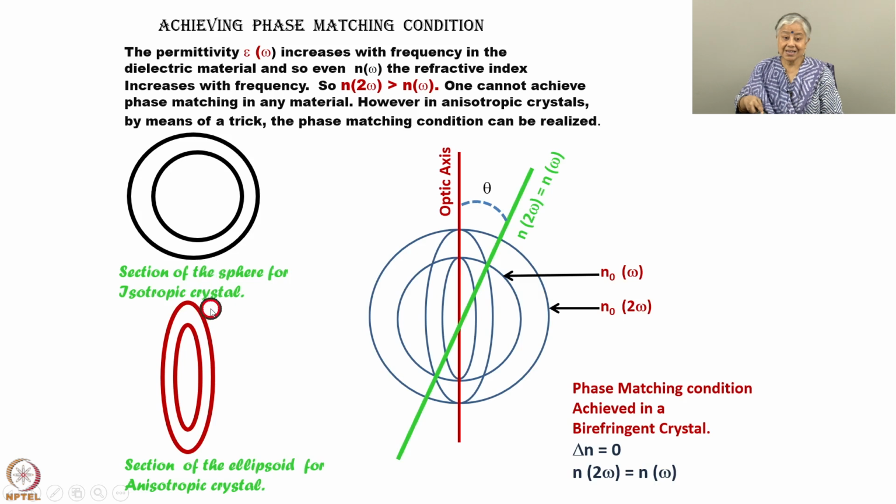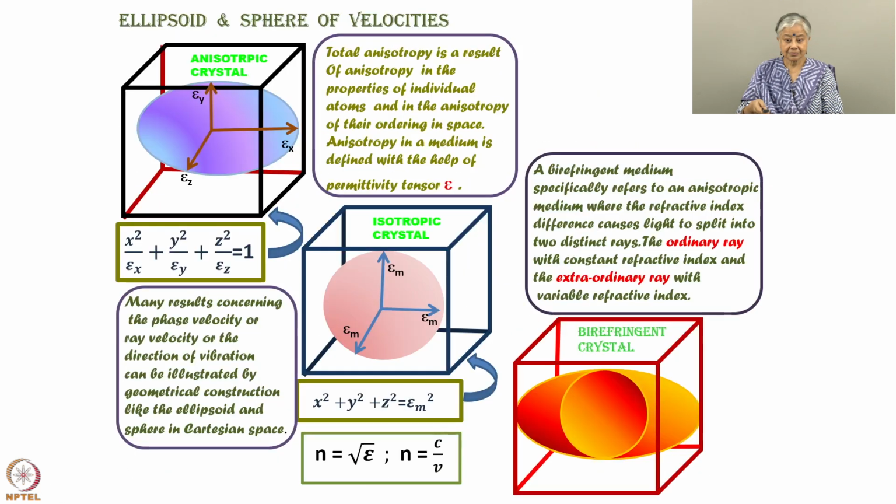That is where I take the birefringent crystal. So, in the birefringent crystal, you have the ellipse and you have the circle, the sphere.